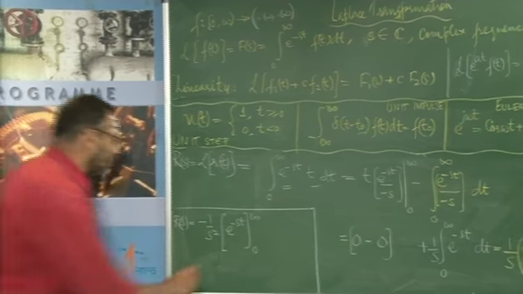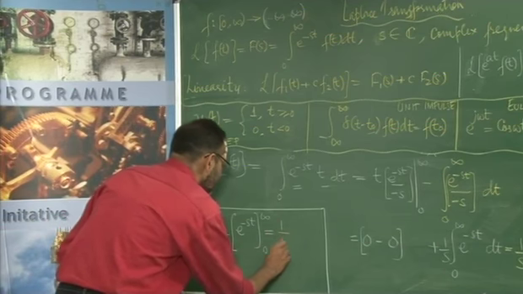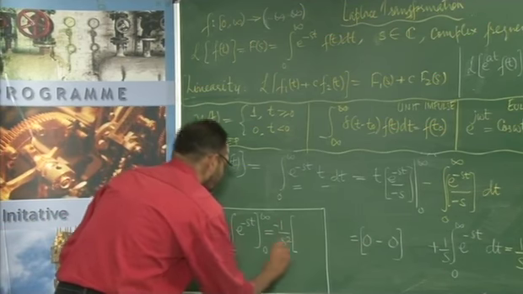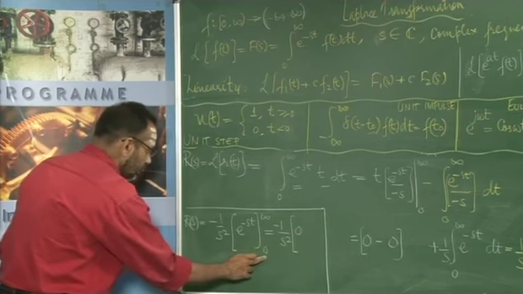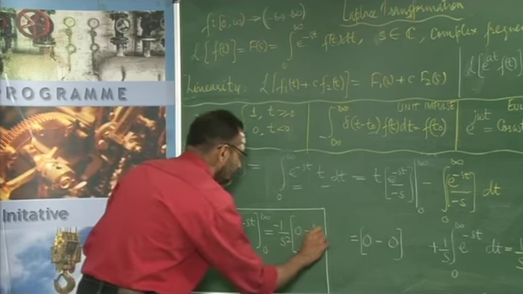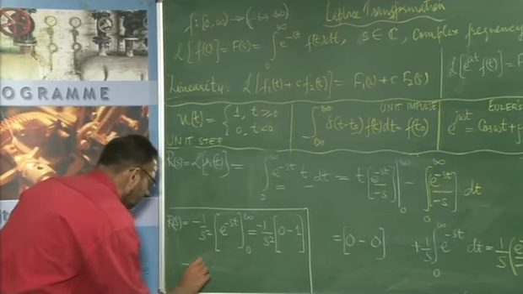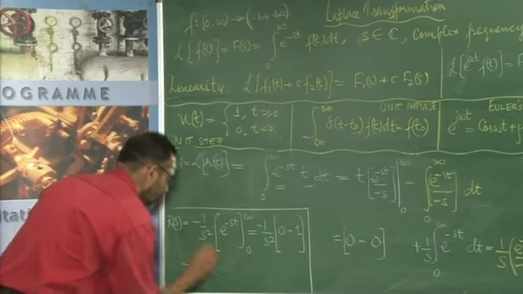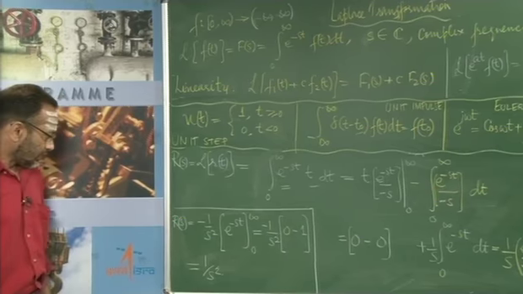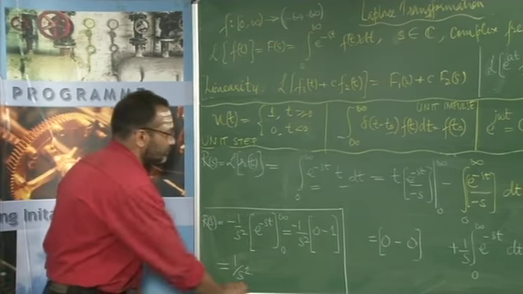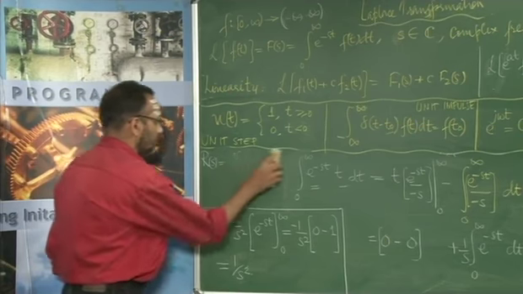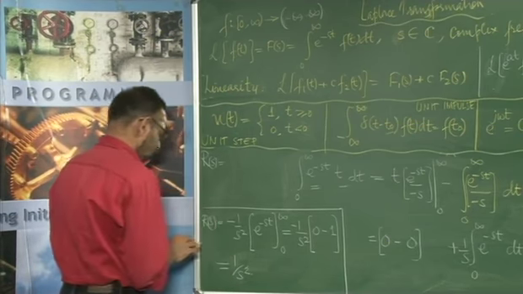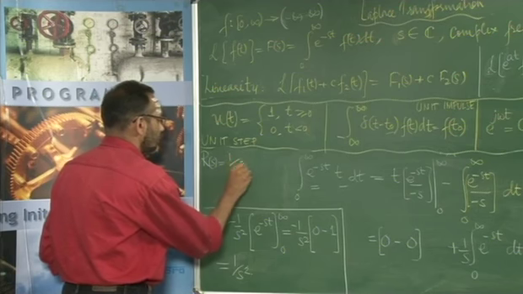Now, as t goes to infinity, this goes to 0, and as t goes to 0, this goes to 1. So, that is the same as 1 over s squared. That is straightforward. So, we have this result: R(s) is 1 over s squared.